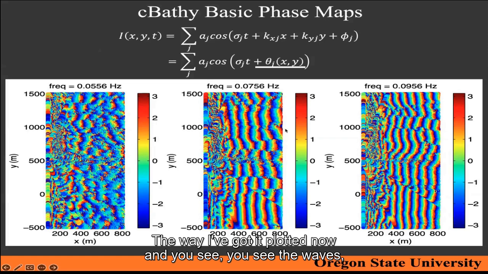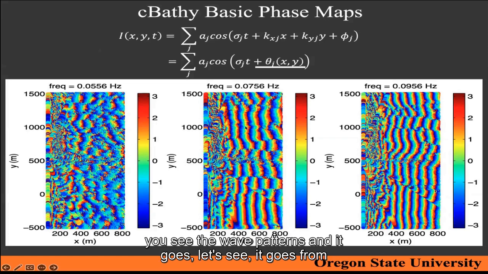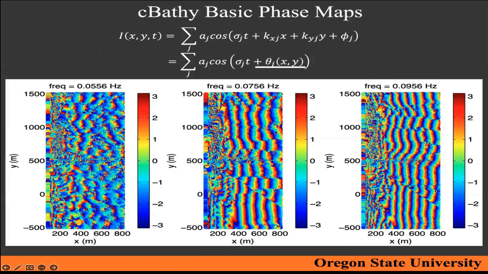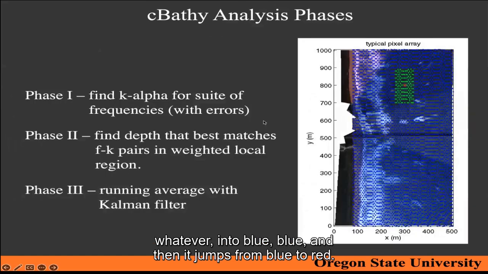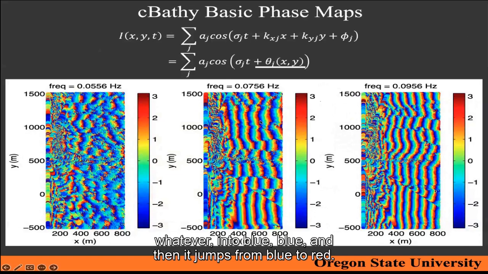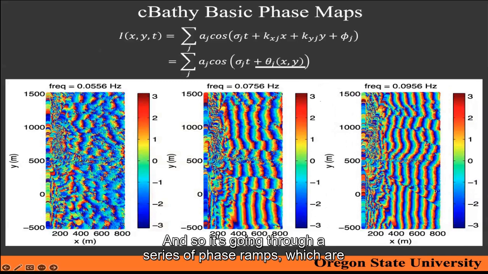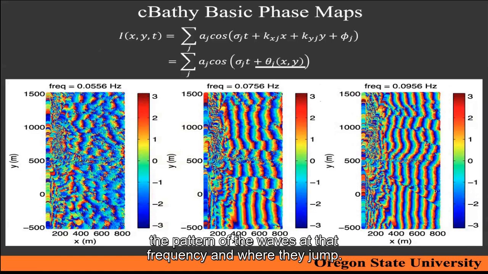And you see the wave patterns. It goes from red into yellow, into blue, and then it jumps from blue to red. And so it's going through a series of phase ramps, which are the pattern of the waves at that frequency.